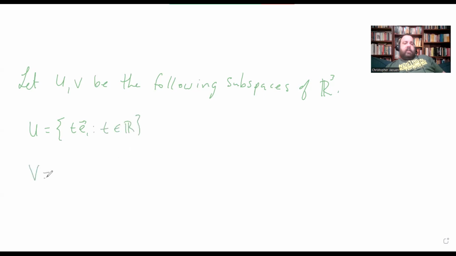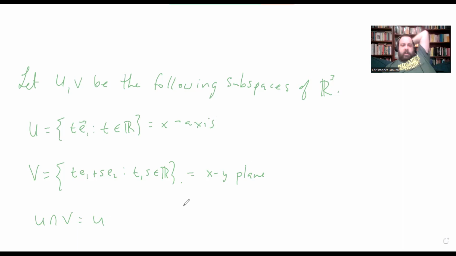And let's say that V is the subset t e1 plus s e2, for example, where t, s are real numbers. All right, so this is the xy plane. This is the x-axis. Right, if you take U intersect V, in this case, it doesn't always have to happen this way, but in this case, you get U. Right, so obviously it's a subspace.